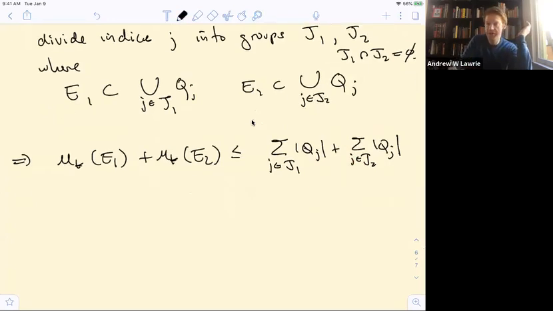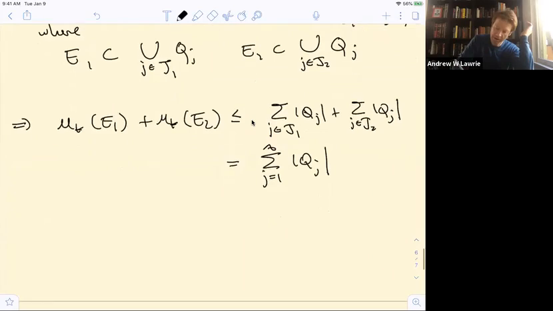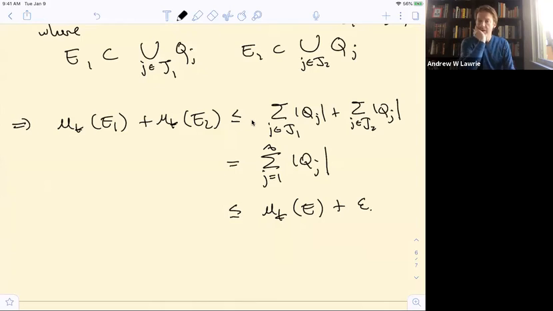But now these are disjoint index collections, so it's just the full sum of the volumes of Q_j, which by construction was less than or equal to mu star of E plus epsilon. This holds for every epsilon bigger than 0, so it holds without epsilon there as well.